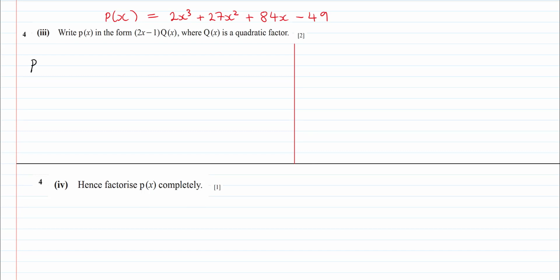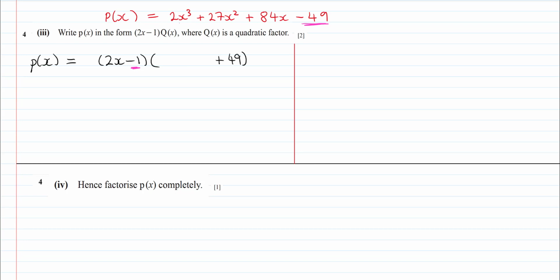So we know p of x is going to be equal to 2x minus 1 times some quadratic factor. So if we look at our constant term here, this minus 49, and this part here, this minus 1, we know we're going to have minus 1 times something to equal minus 49, and that is going to be plus 49.